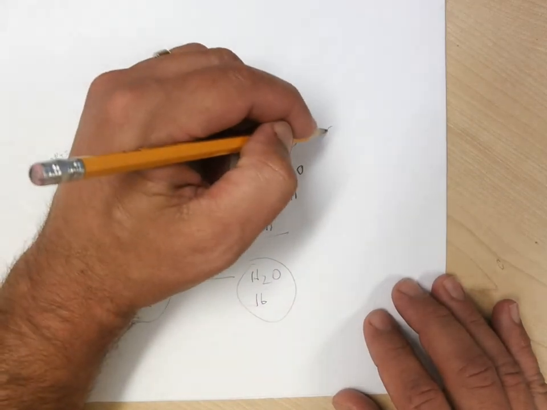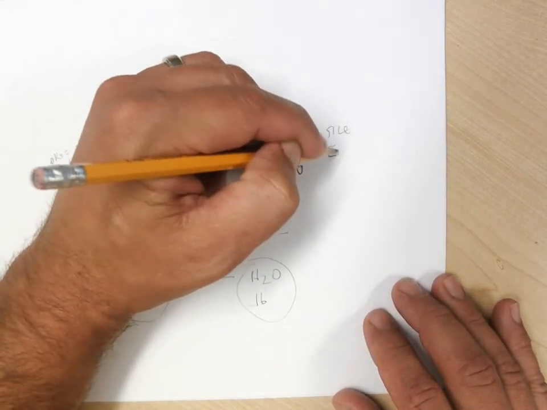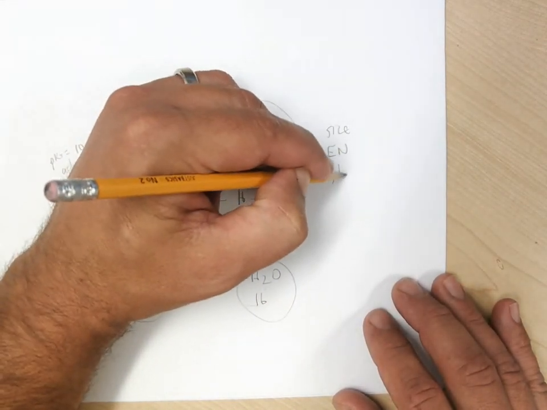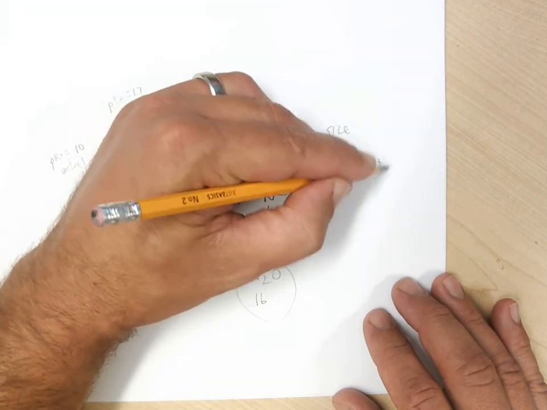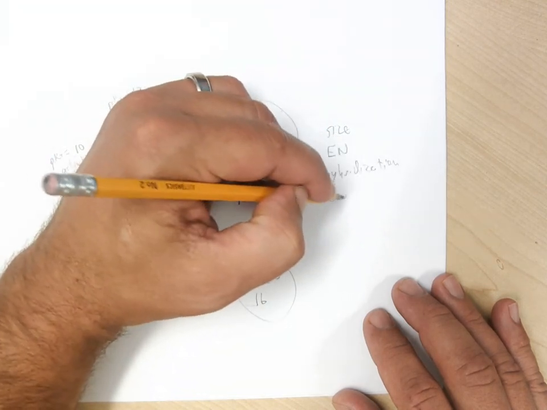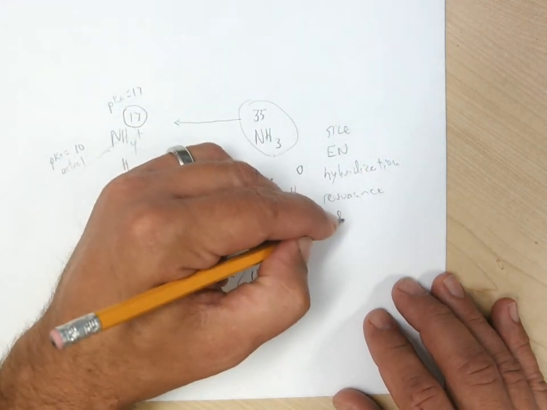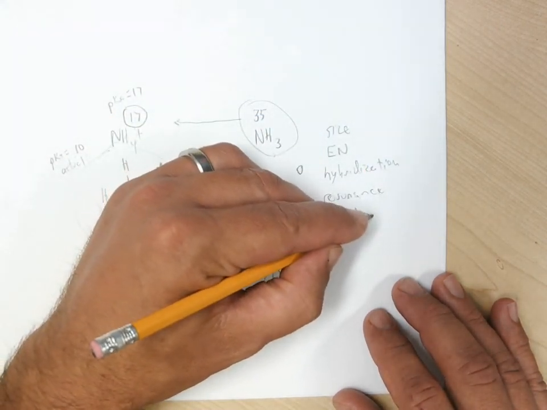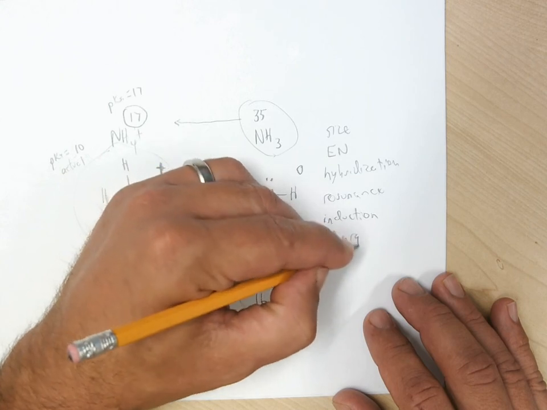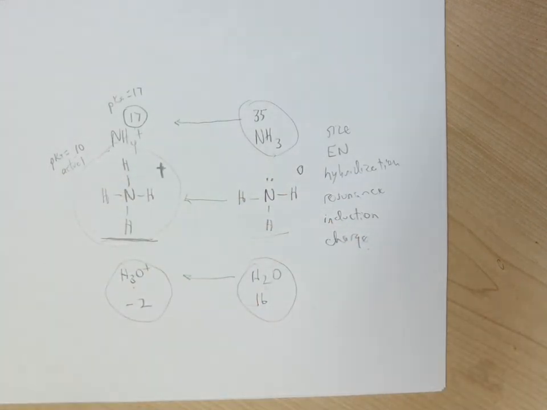So again, I have size, electronegativity, hybridization, resonance or electron delocalization, inductive effects, and charge as my 6 factors I think about when I'm trying to understand and predict acidity of different compounds.